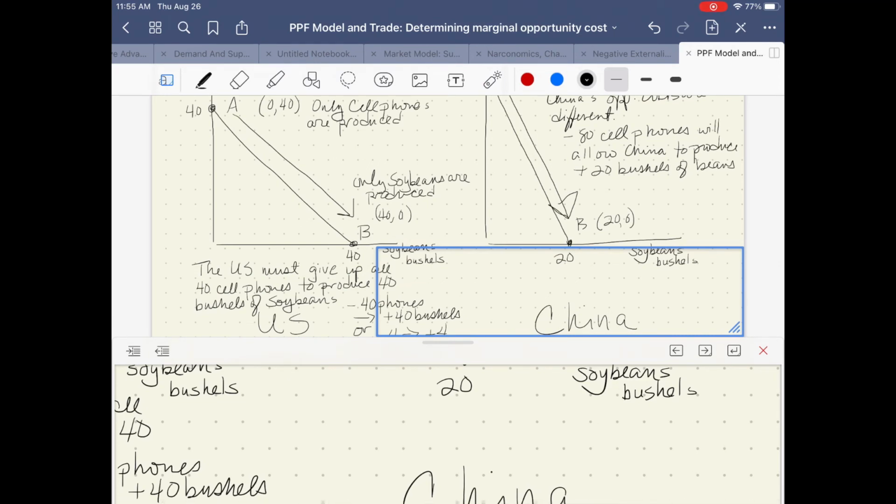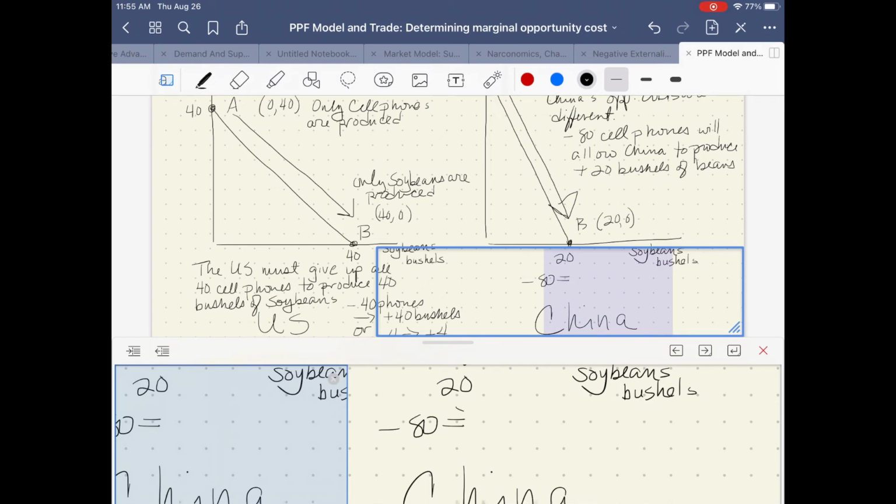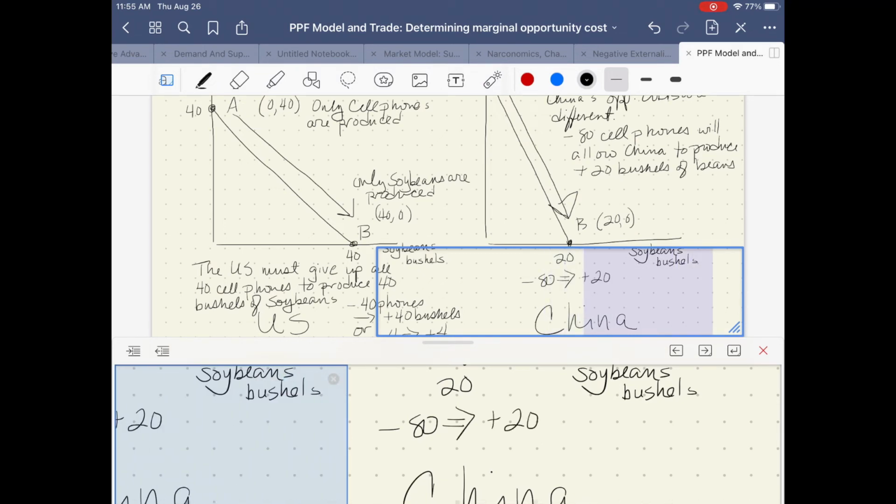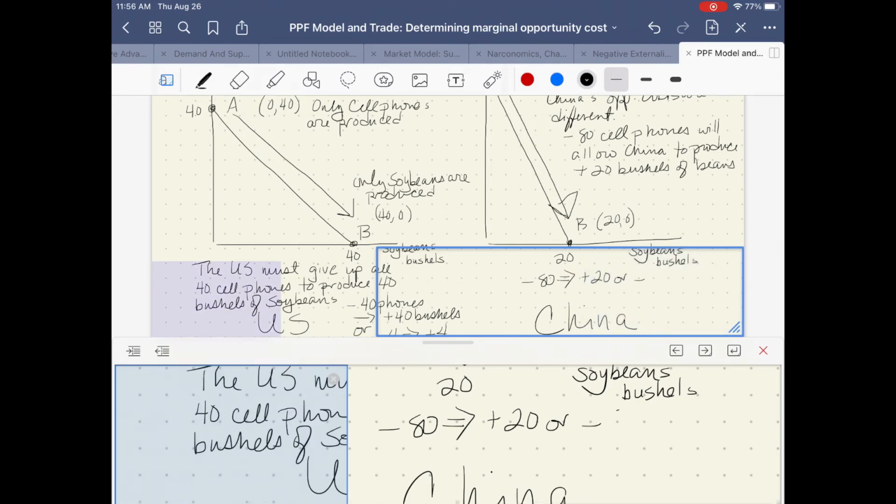Or if we simplify this to determine the marginal cost, the additional cost for 1 more bushel of beans, minus 80 will yield 20, right? Minus 80 phones will yield 20 bushels of beans. Or giving up 8 cell phones will allow China to produce 2 more bushels of soybeans, or even simpler, giving up 4 cell phones will allow China to produce 1 bushel of soybeans.